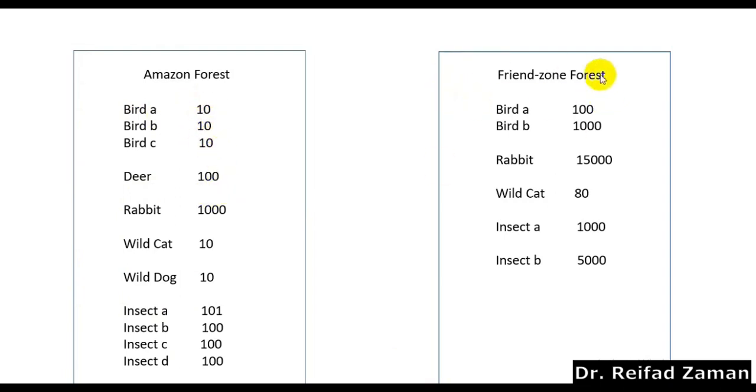On the other hand, in the friend zone forest, we have fewer varieties of birds and animals and insects, but for each individual species, there are numerous individuals. So, which one has a higher biodiversity? Is it the Amazon forest or the friend zone forest?